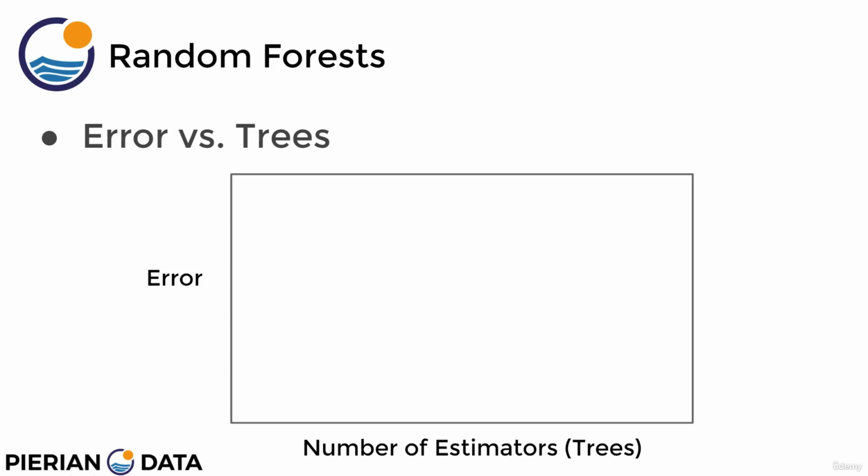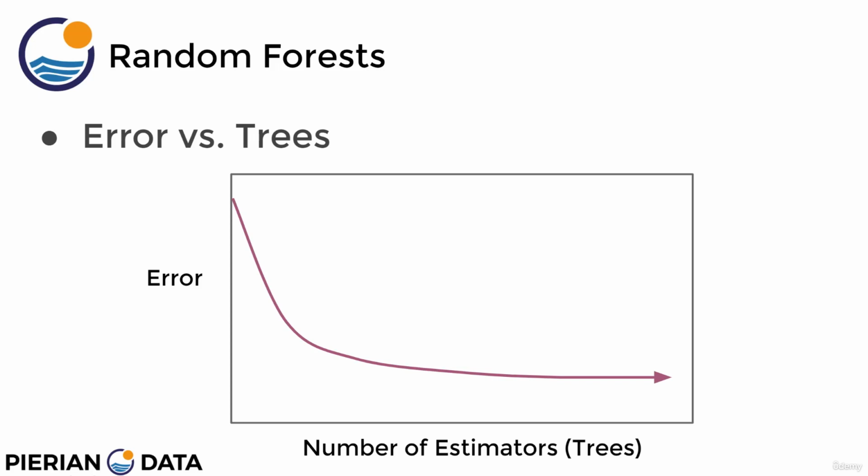So this is actually weaker than a normal decision tree, because recall, we're only going to be selecting a random subset of those features. So if we had a single decision tree in the random forest, we would expect to have a high error. And then as we introduce more estimators, that is decision trees, we should expect to get a reduction in error because we have more features available and different trees that will hopefully learn better on that data. And eventually, if you were to plot this out, you would see a behavior that looks like this.